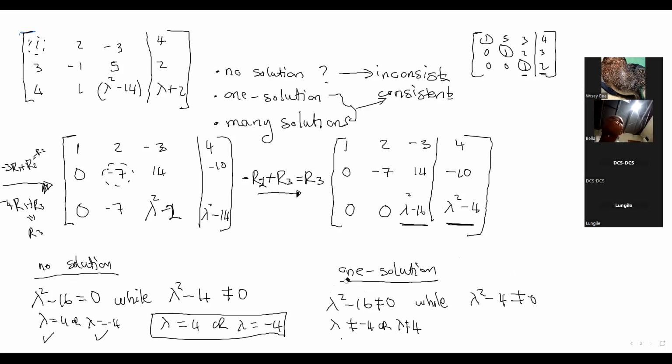So that means this is our solution. As long as lambda is not equal to -4 or 4, I will have one solution. Doesn't matter, lambda can be anything as long as it's not -4 or 4. I would have a solution.